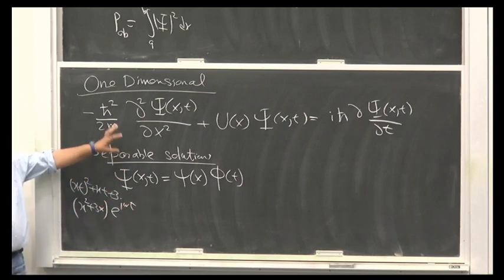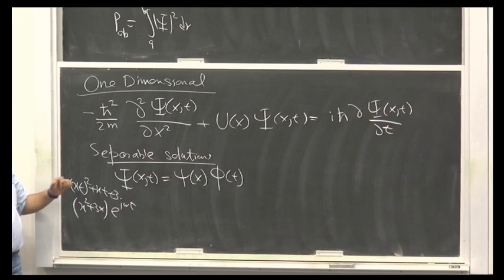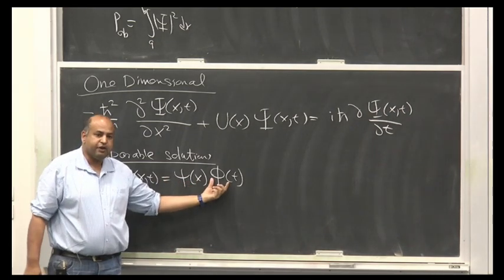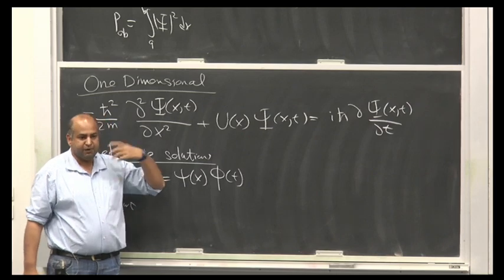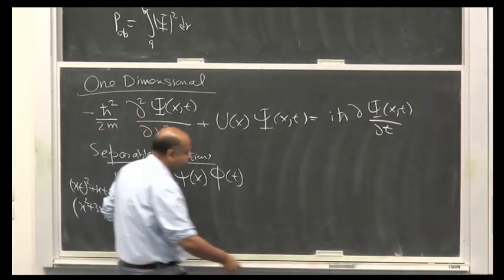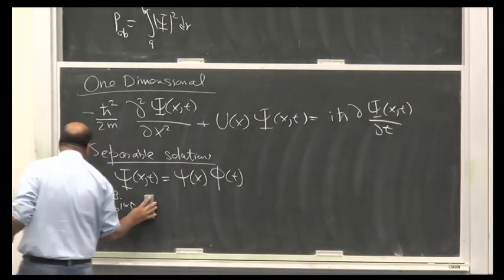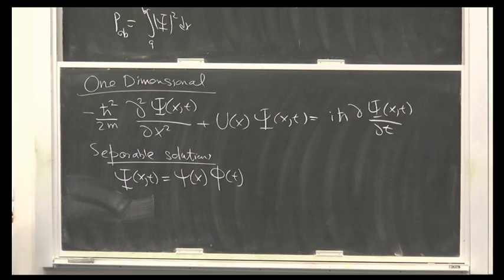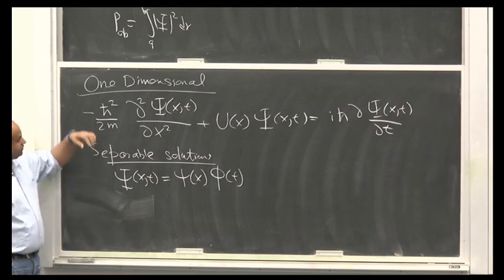So we are going to consider only those solutions in this course which can be written as a product of x part and a t part. These are called separable solutions. The other ones are too involved for us to go into. And they actually don't even admit analytical solution. We have to go to computational solutions for that.